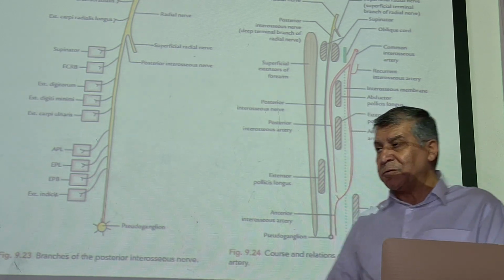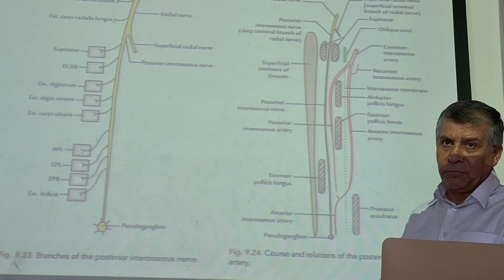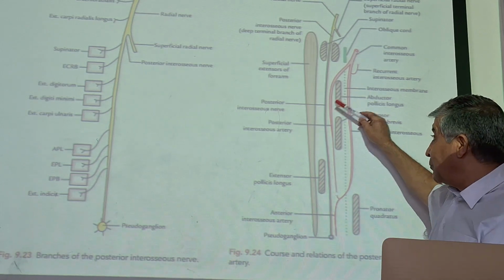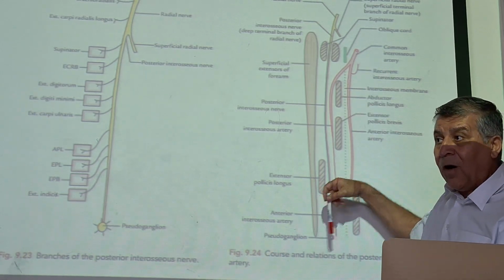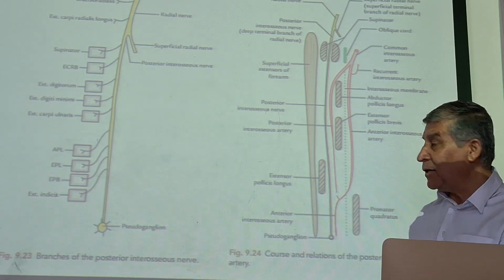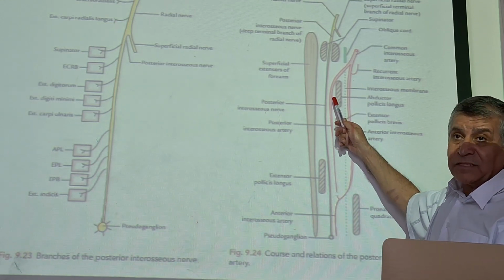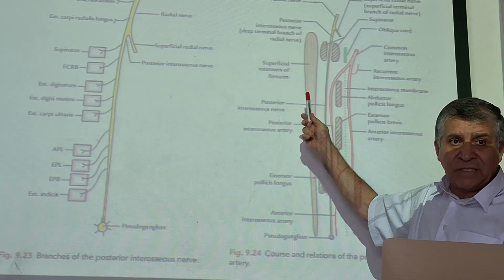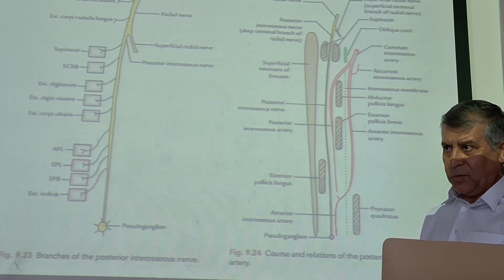The common interosseous divides into anterior and posterior branches, which descend on the interosseous membrane to supply the anterior and posterior compartments.